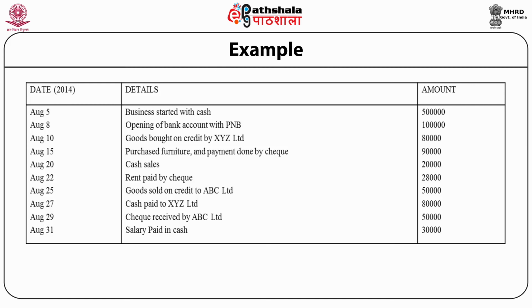Credit side August 25, particulars ABC Limited amount rupees 50,000. Next, salary account debit side August 31, particulars cash. On debit side we'll write amount rupees 30,000.